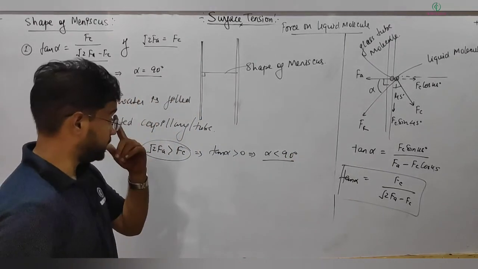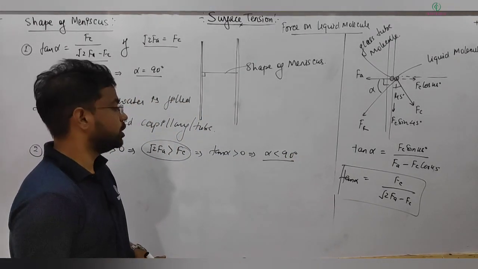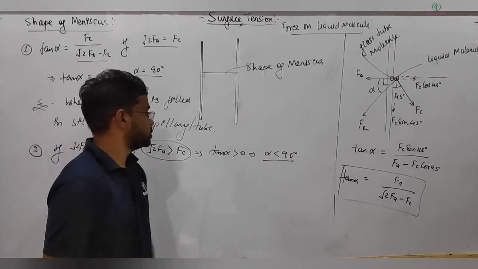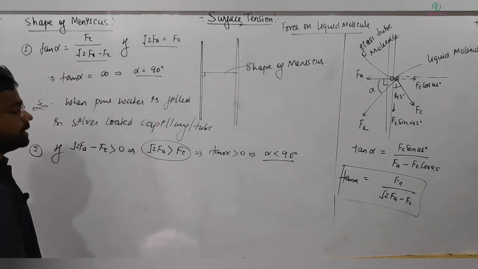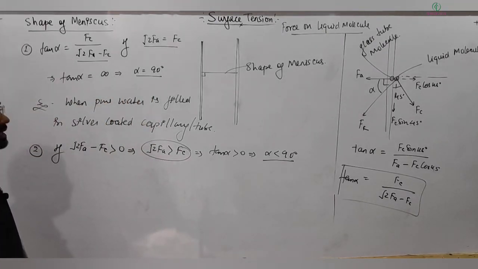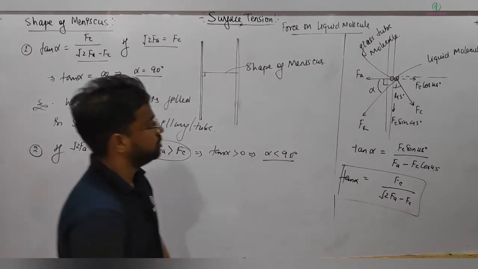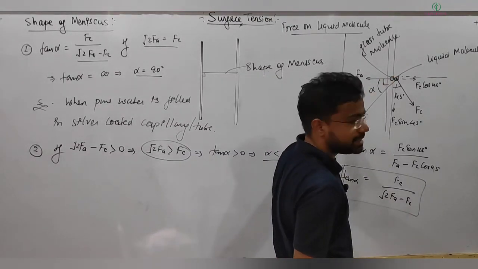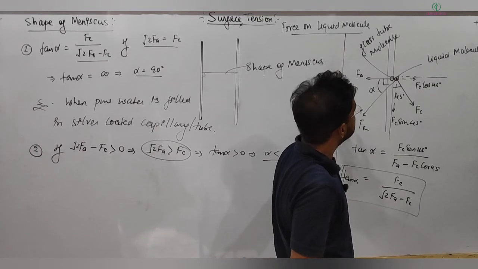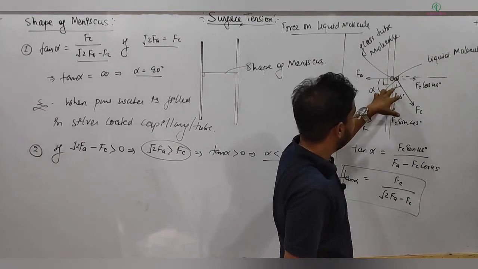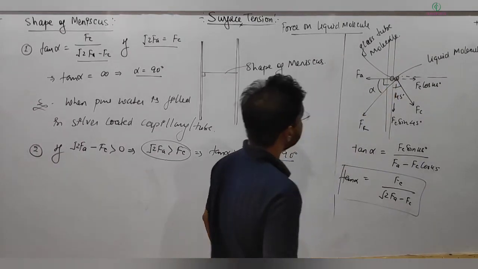Because up to 90 degrees tan alpha is positive. So alpha is less than 90 degrees. What it means is there is net force in this direction, right? So what will happen actually in this situation?